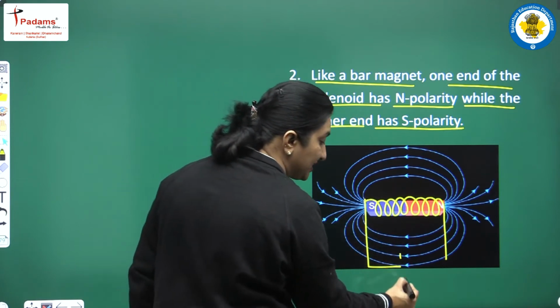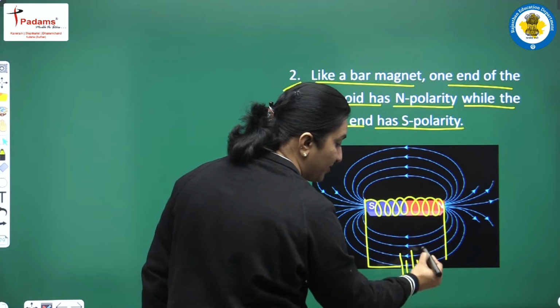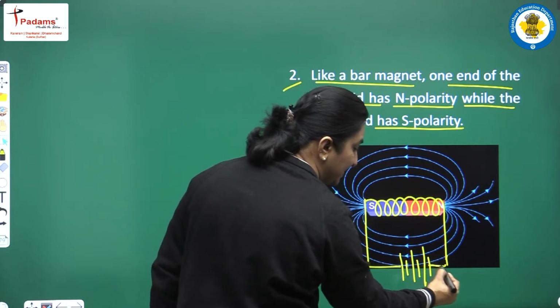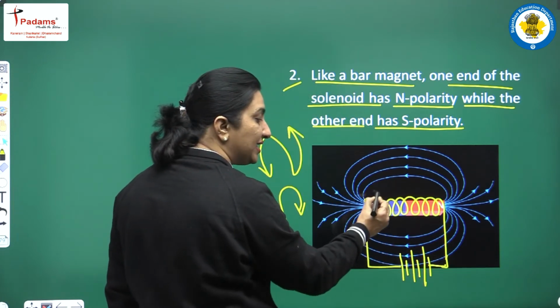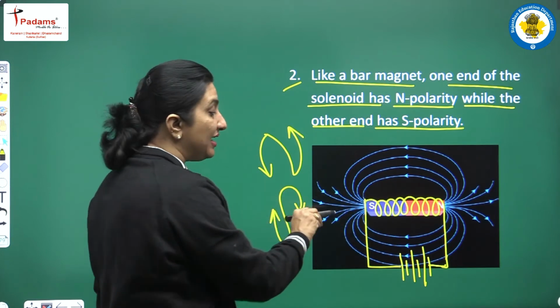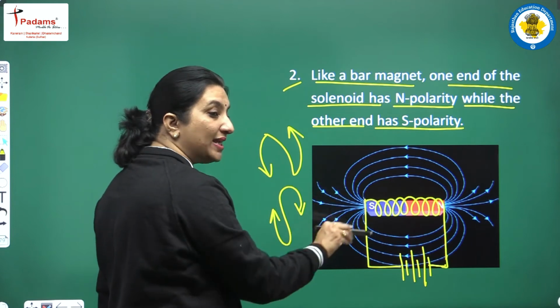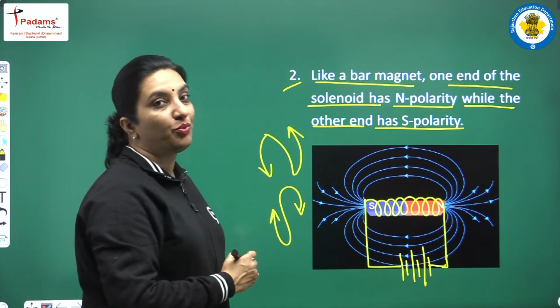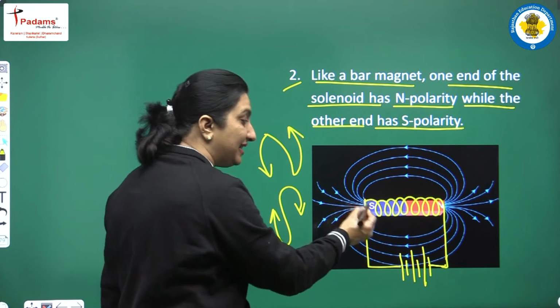So what we see is that the polarity of the battery connected must be like this. So since the current will flow in this form here, from this end when we will see the current, then it will appear to be in clockwise direction. So a south pole will be created at this end.